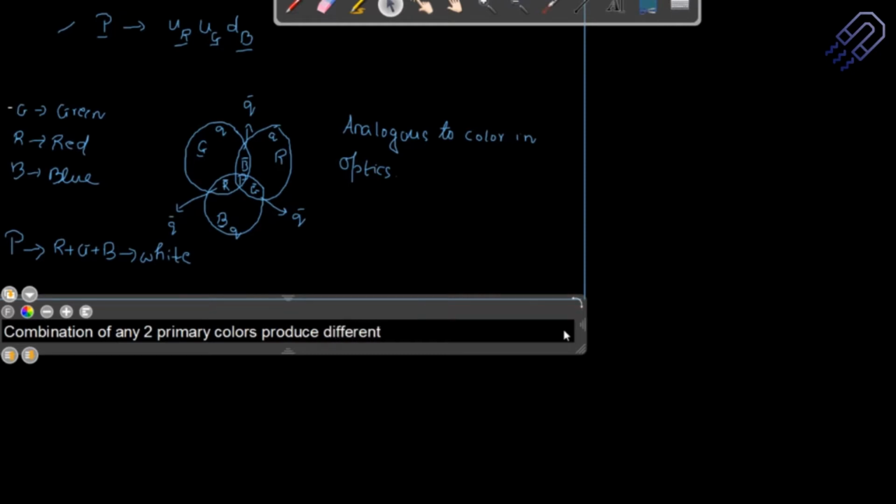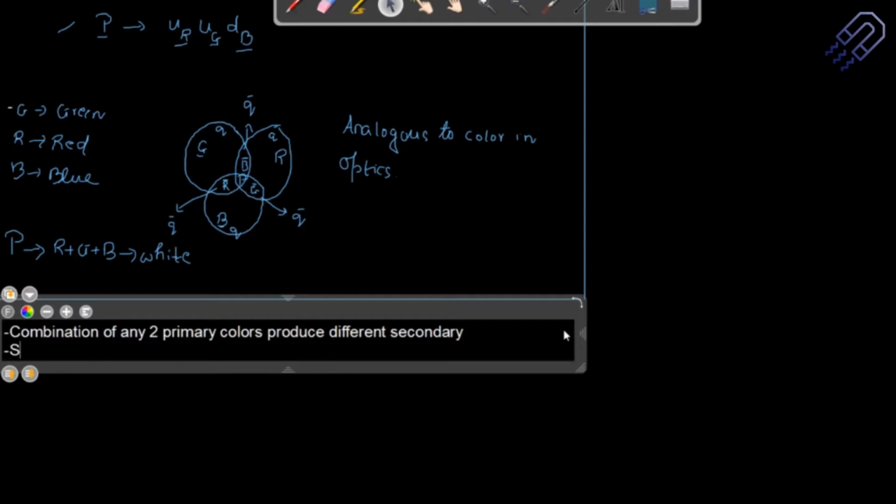The secondary color, if it mixes with the primary color, will again give back white, a neutral nature. That is what a secondary color is all about. So we can say that these secondary colors are complementary to the primary colors.